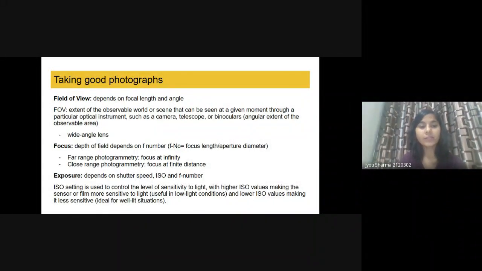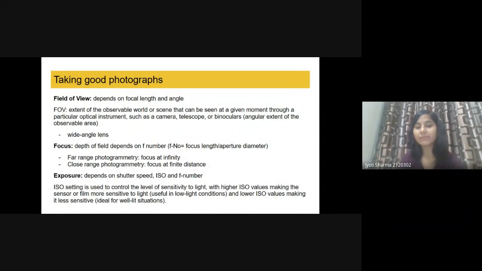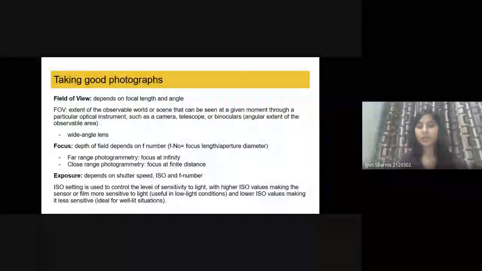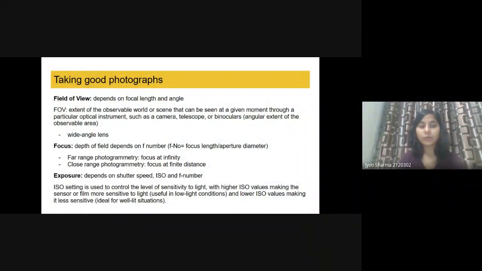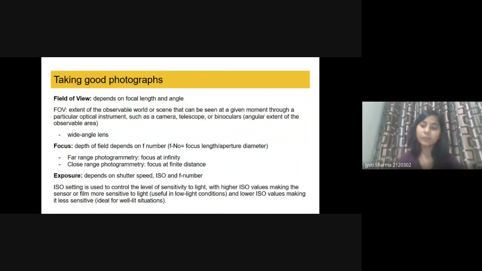The definition is: it is the extent of the observable scene that can be seen at a given moment through a particular optical instrument, for example a camera, telescope, or binocular. So we may have a wide angle lens or a narrow angle lens, and based on that you can have a different portion of the area you want to focus upon.